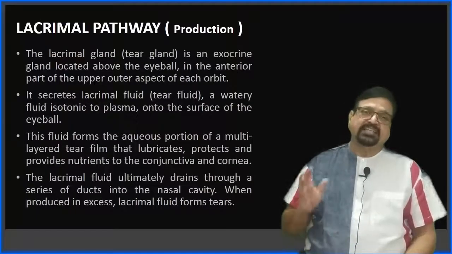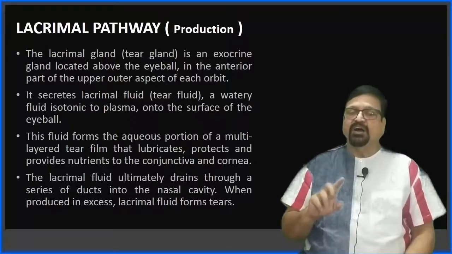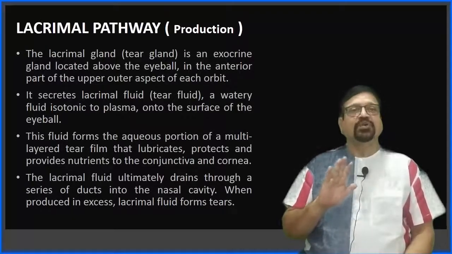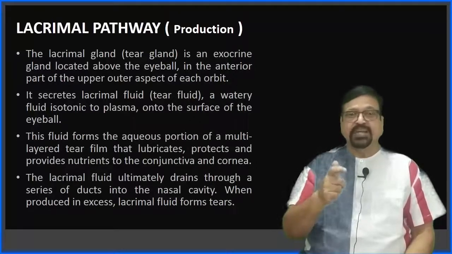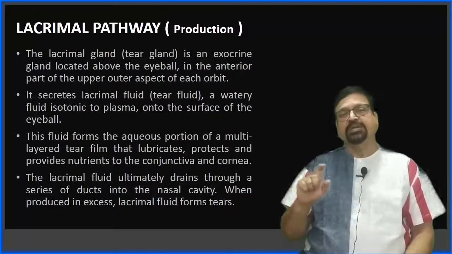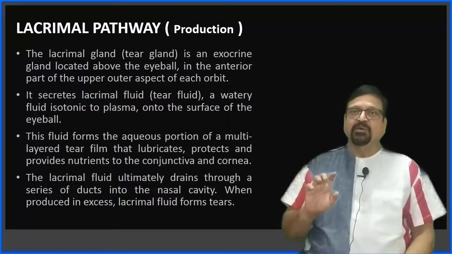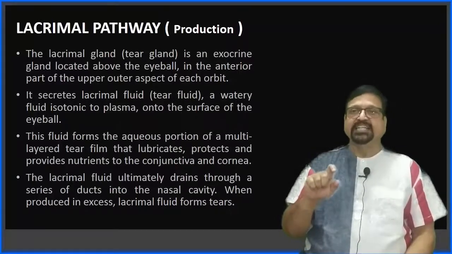Now let us summarize the lacrimal pathway. The lacrimal gland, or tear gland, is an exocrine gland. It is located above the eyeball that we are seeing just now, in the anterior part of the upper outer aspect of each orbit. The lacrimal gland secretes lacrimal fluid, that is the tear fluid.